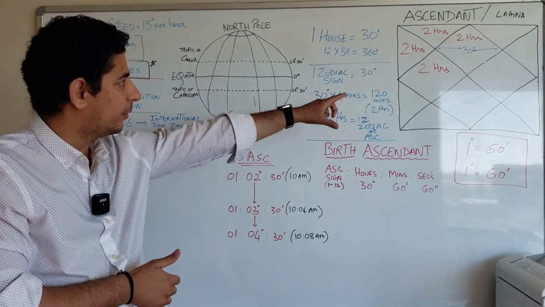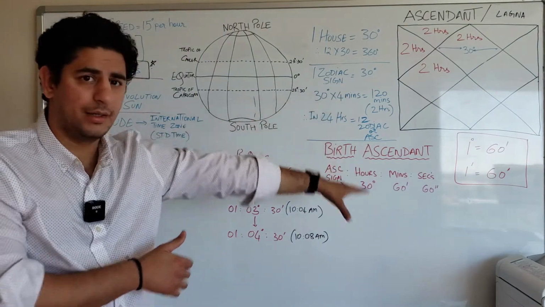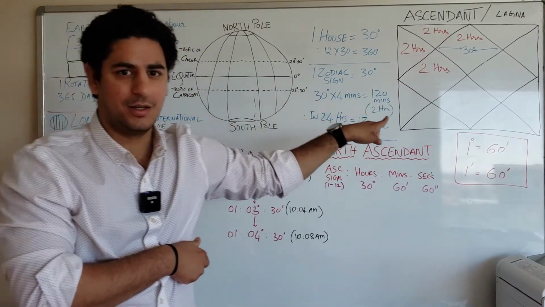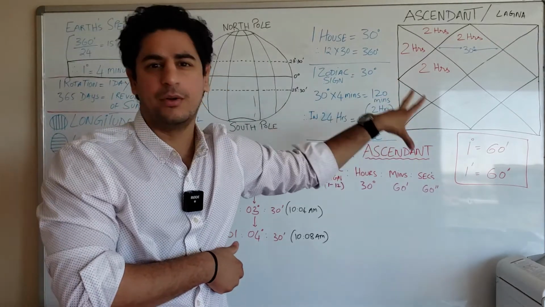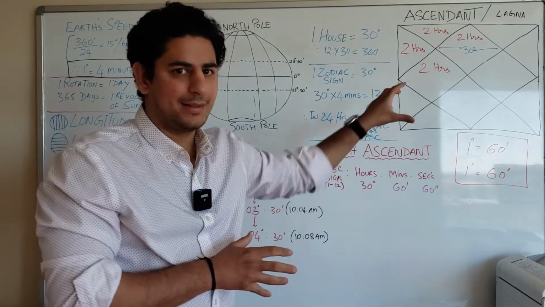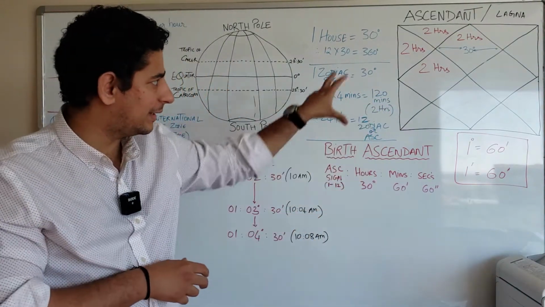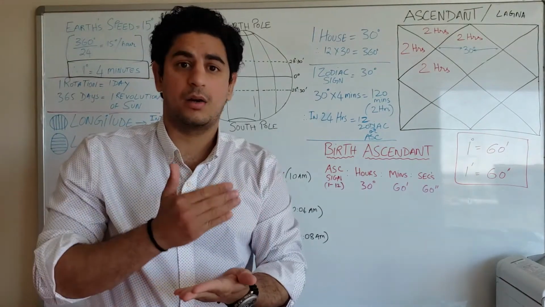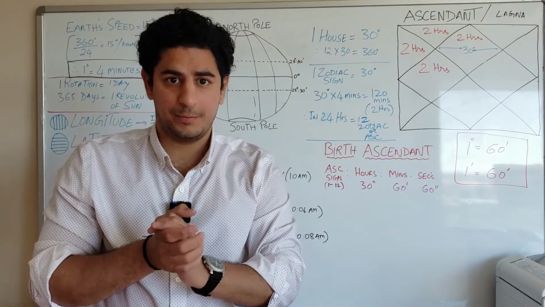Now let's jump into what is the ascendant or lagna. As you can see on the screen, I have made this birth chart. You might have seen such a kundali or birth chart earlier, but what is an ascendant? Before understanding the maths, let's understand that the ascendant is the start of your life.